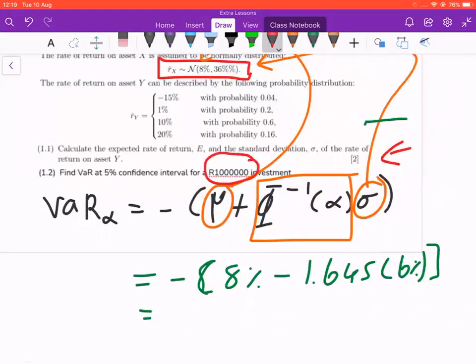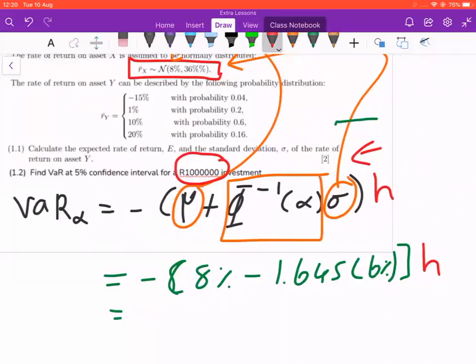If they give you the million, which is h, I think they normally use h to describe this present value, because x is the rate of returns, right? So you are going to say negative 6% minus 1,645 times 6%, and then you're going to multiply your answer by the million.